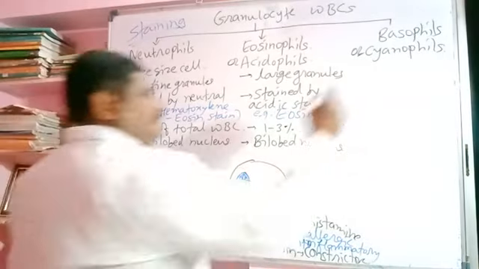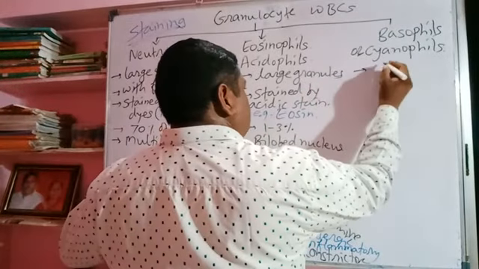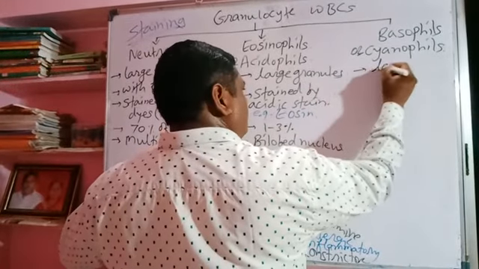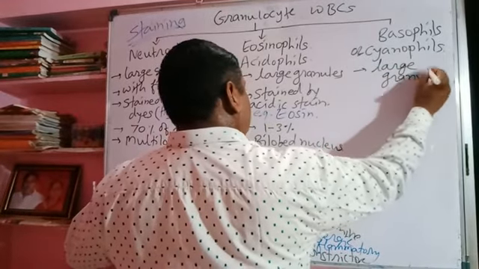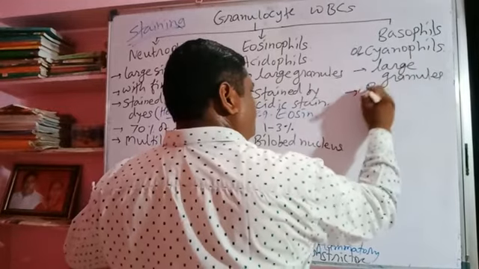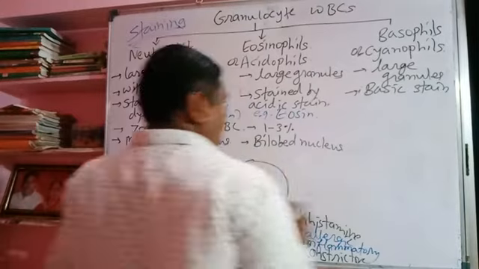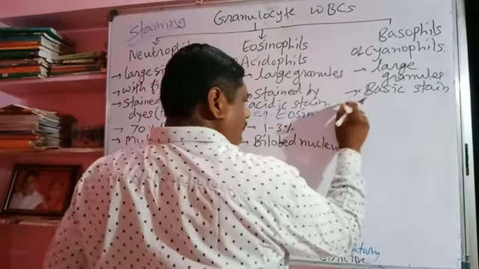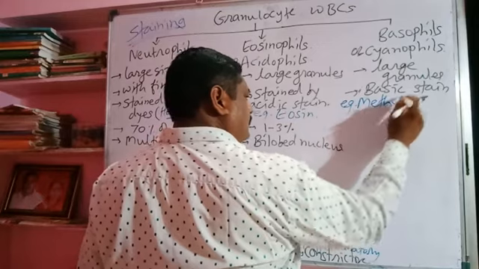Eosinophil. Basophil. These also have large size granules, stained by basic dyes, basic stain, like methylene blue.